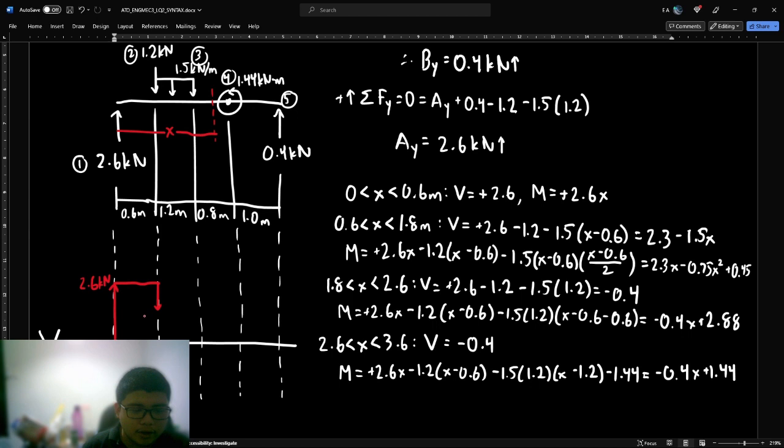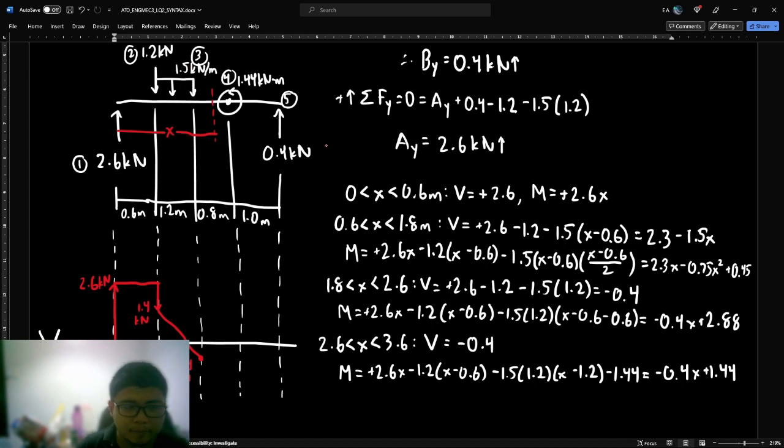2.6 minus 1.2, this is going to be 1.4 kilonewtons. Next, we drop even further from 1.4 kilonewtons to negative 0.4 kilonewtons. Why is it negative 0.4 kilonewtons? Well, lastly, we're going to be multiplying 1.5 by 1.2.